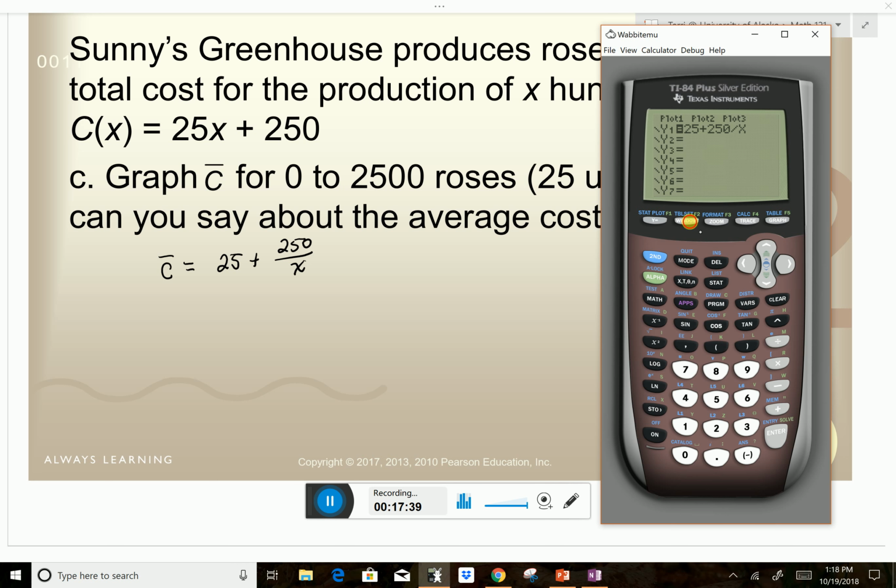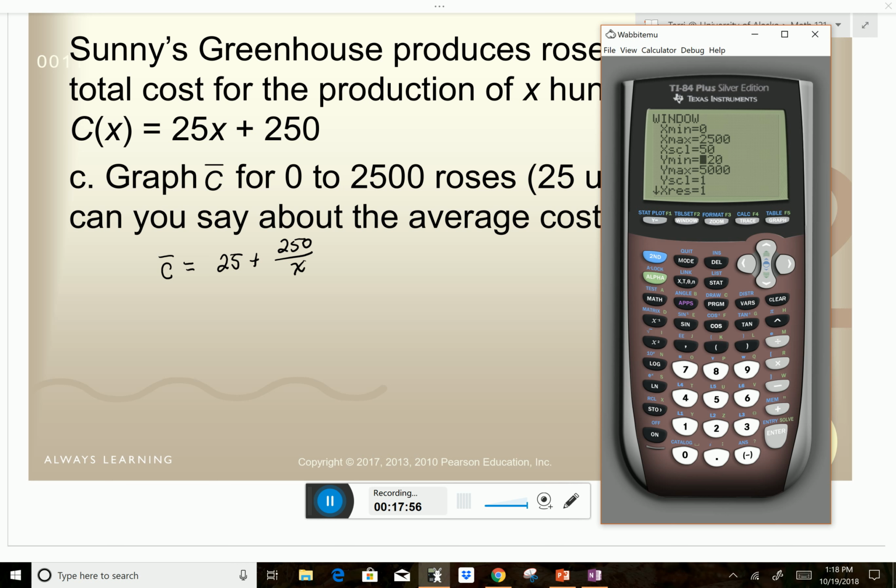Now it's telling us in the window that we want to go from 0 to 2,500. Here, we'll make this 50.